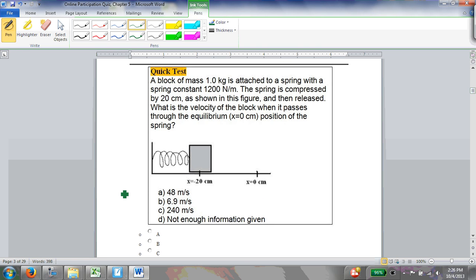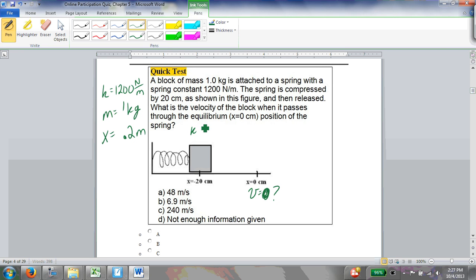I have a block of 1 kilogram attached to a spring with a spring constant, 1200. So k is equal to 1200. The spring is compressed by 20 centimeters. That's going to be x, and I'm going to convert that into meters. That's 0.2 meters. I want to know what is the velocity at x equals 0. So I want to know the velocity at the equilibrium position.